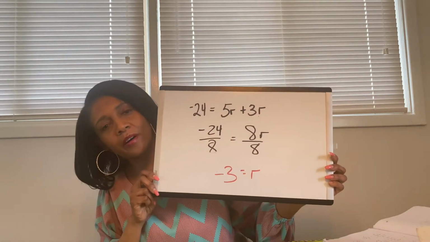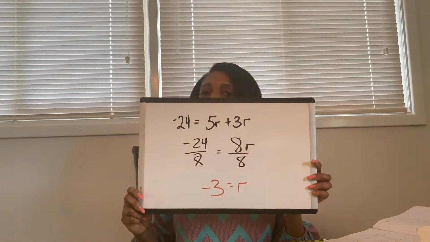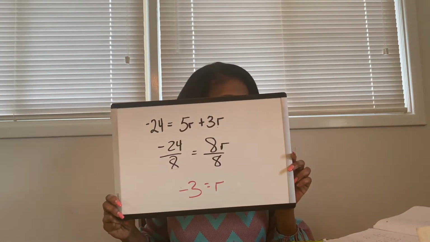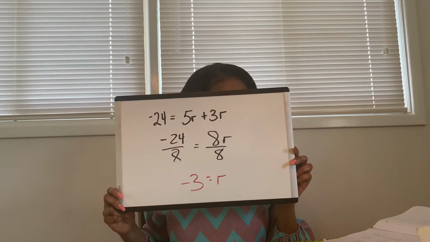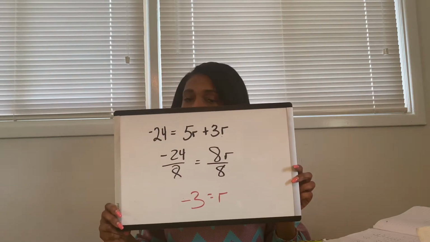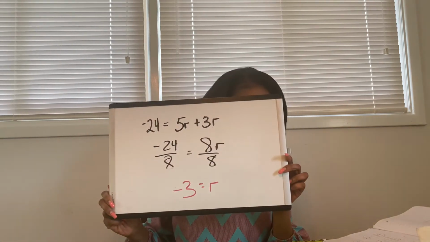Okay, so r is negative 3. Can you see how I arrived at my answer of negative 3? So the problem is negative 24 equals 5r plus 3r. I simply added my 5 and my 3, and it gave me a sum of 8r.